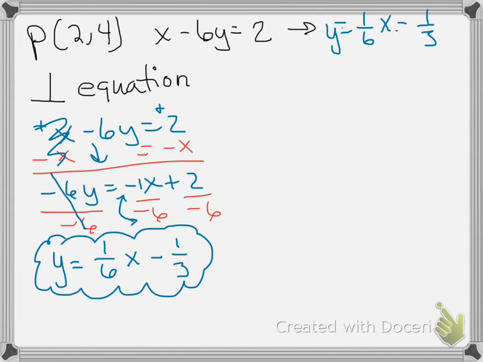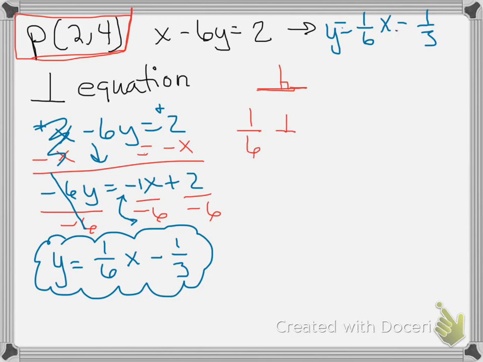Now what? Well, now we have to look at what we're given. We're given a point, which is right here. And now we need a slope, because when we talk about perpendicular lines, that's when two lines intersect and make a 90-degree angle. The slopes are opposite. So our slope is 1/6.